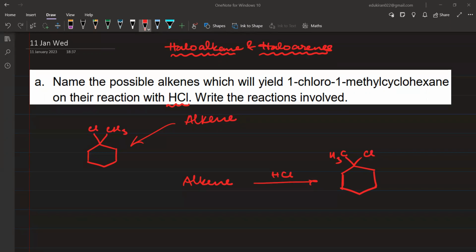Yes, that is one correct structure. And there can be one more structure. Okay. Please see here. Name the possible alkenes. So one more can be there. Samira, the one that you have made, that is correct. There can be one more structure.